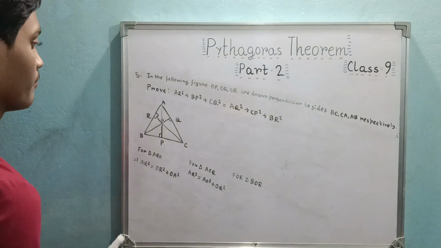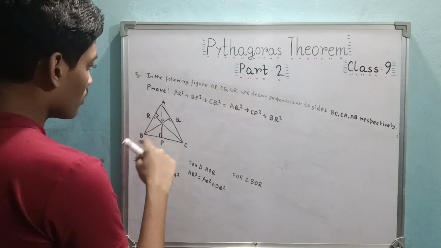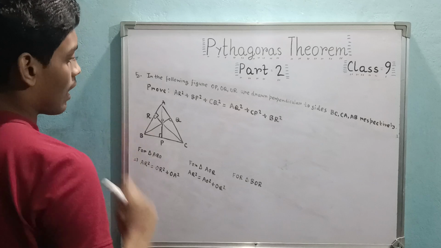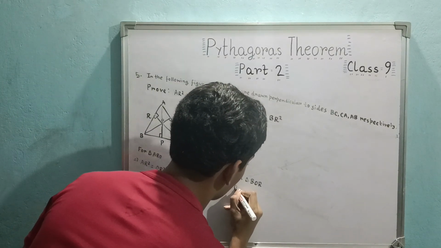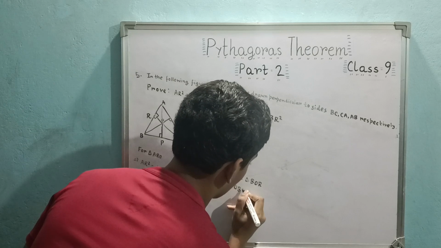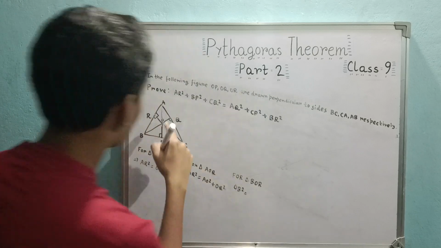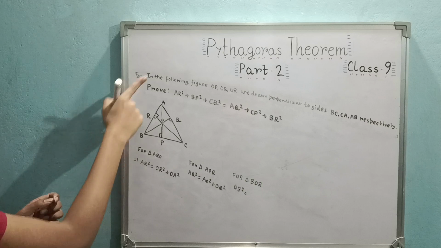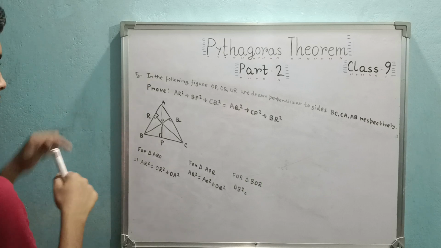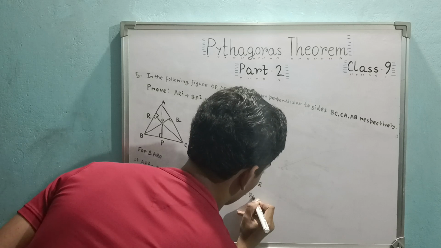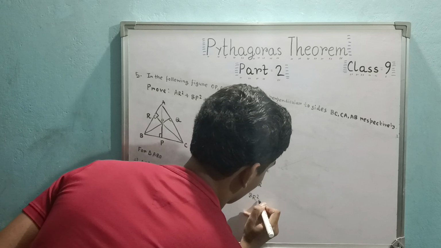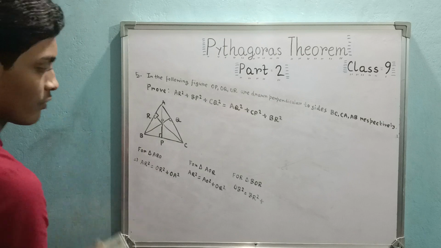OB square will be equal to BR square plus OR square. OB is the hypotenuse, this is the height and this is the base, plus OR square.